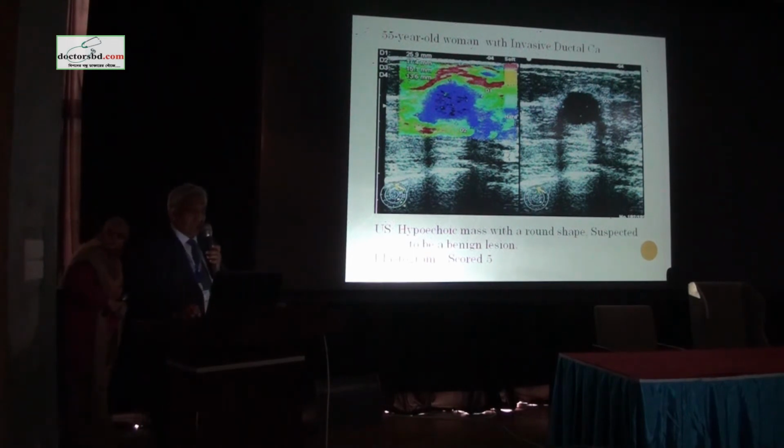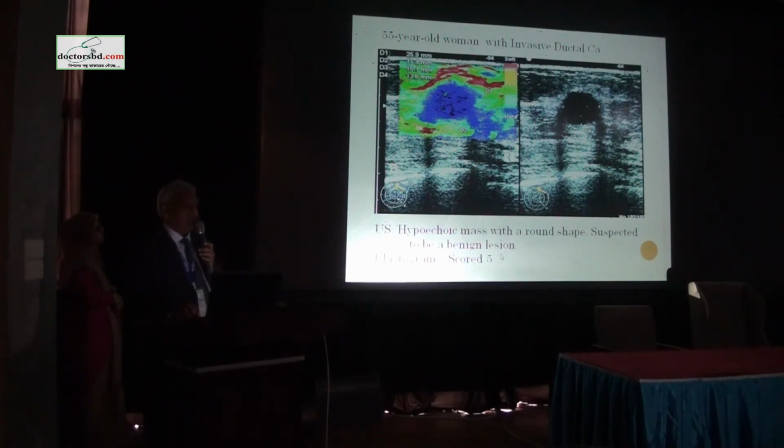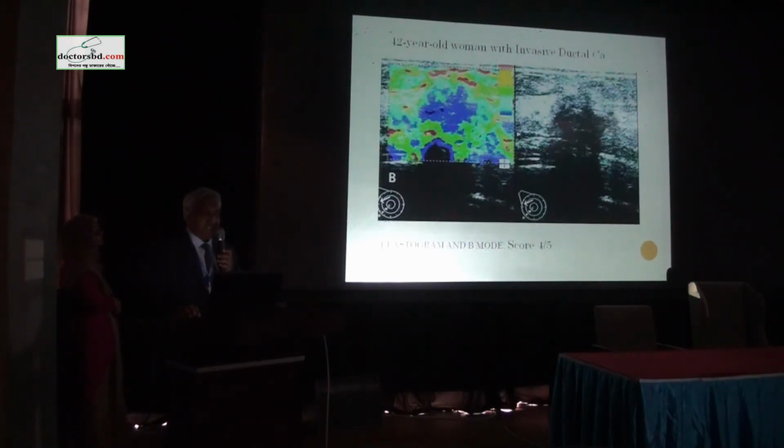But when you put the elastogram, you see the difference. Not only is the center represented in blue color, in fact the periphery is also infiltrated, that represents the desmoplastic reaction. So on the basis of the color elastogram, it was scored and graded as BIRADS 5. And it was proved to be invasive ductal carcinoma.